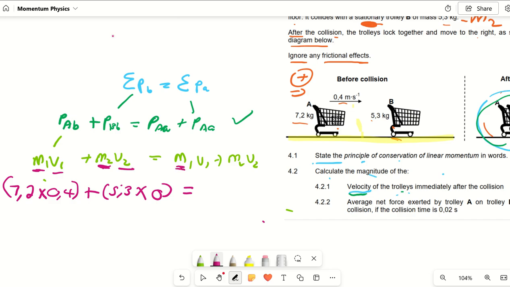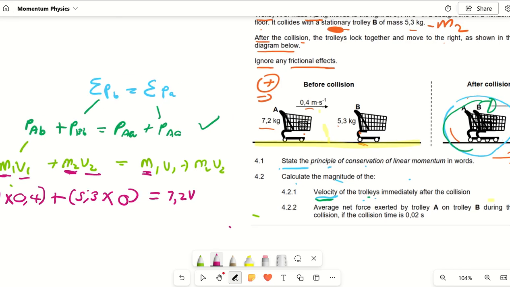Equal to, after collision now, m1 is still 7.2. Velocity of it we don't know. Let's call it v. We don't know the velocity. Remember, we're just looking at the momentum when they are bound together, plus the mass of the second one doesn't change, still 5.3, then the velocity with which it's moving is still v because they're moving at the same velocity. Do you guys understand that?